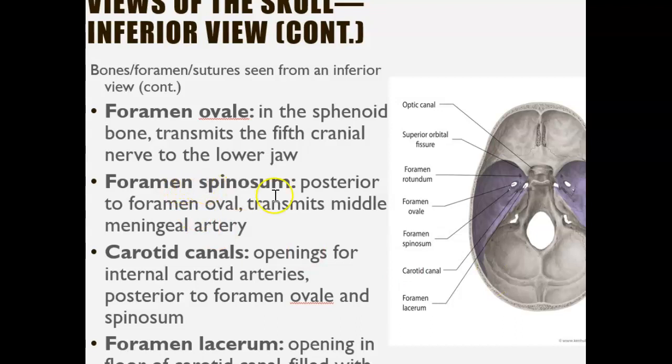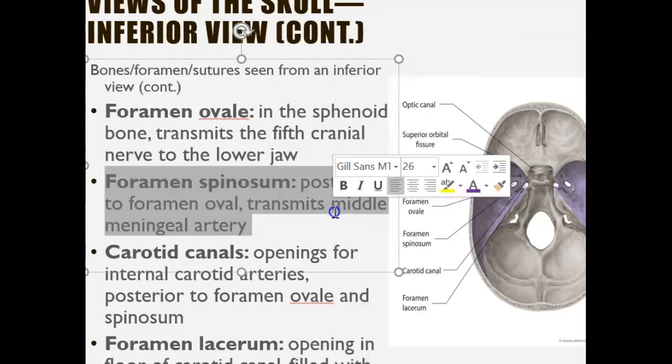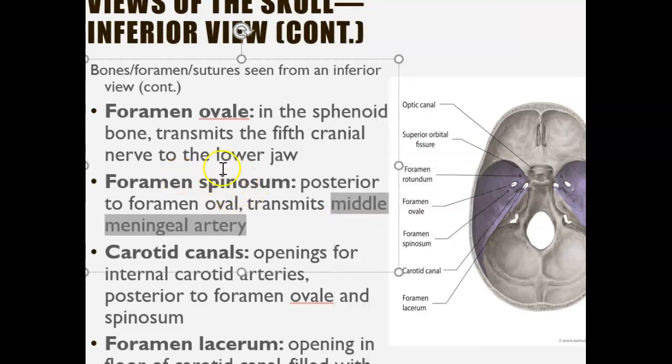There's the foramen spinosum, which is like this. When I think of spinosum, I think of spinach, and there's a reason why. Later on, when we learn about the arteries, there's a story associated with spinach, so I'll talk about that later when we get there. And then there's the foramen lacerum, which is this one right over here. Just know for now that foramens are holes.